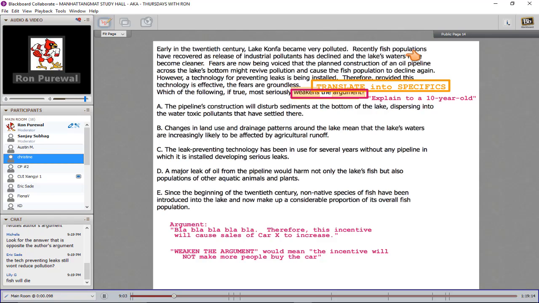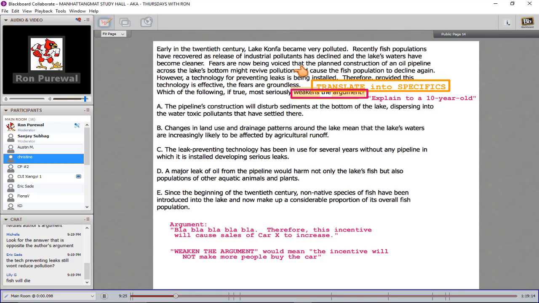So what we have here is this lake used to be really polluted. Now it's not anymore. But they're thinking about building a pipeline, and that might pollute the lake again.